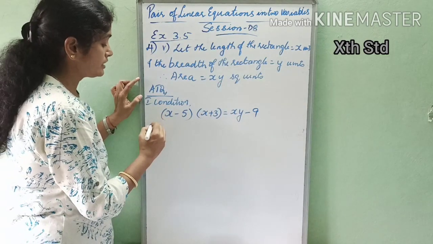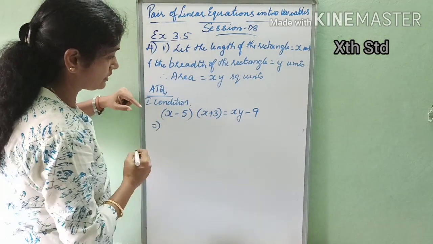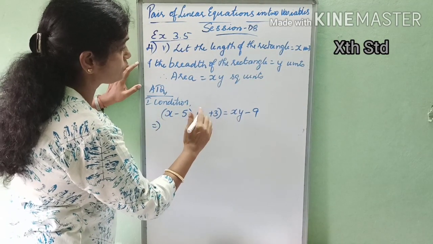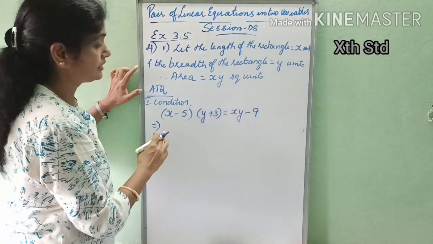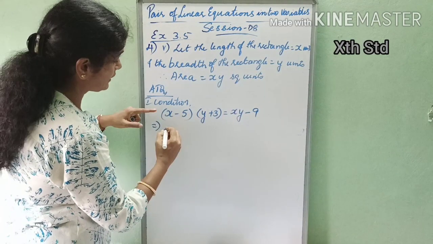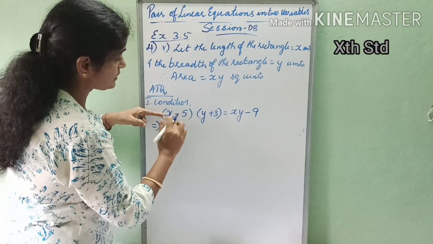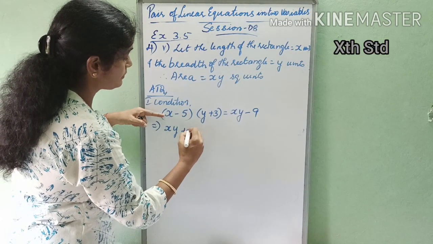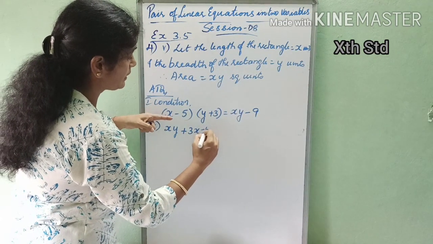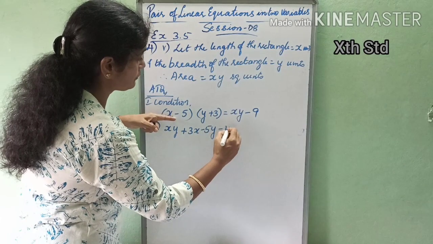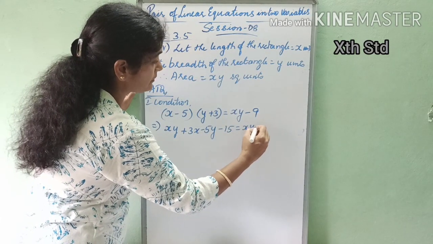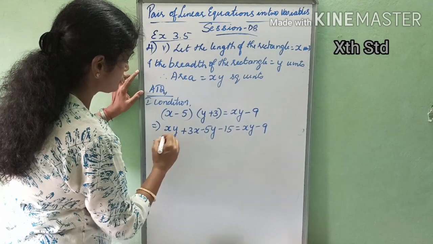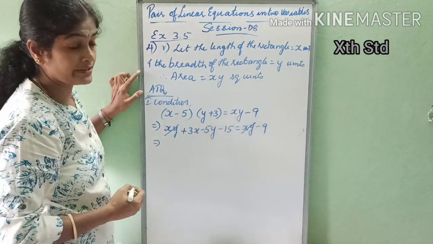Now put it in the standard form: xy plus 3x minus 5y minus 15 equal to xy minus 9. So this xy gets cancelled.